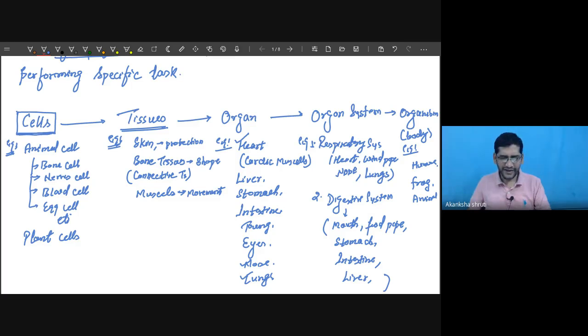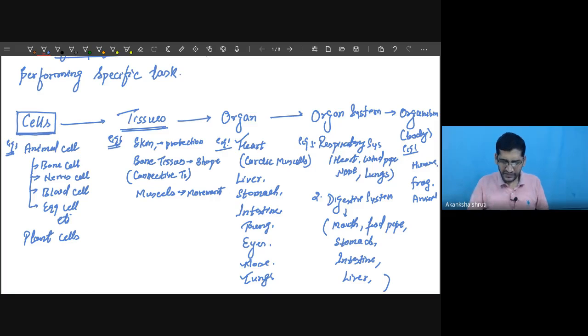Get it? Likewise, there are so many kinds of tissues. This we have taken for animals; we may take it for plants. The plant also has specific kinds of tissues at specific organs, like at the leaf and growing areas, they have apical tissues. But in their branches, they have lateral and intercalary tissues.